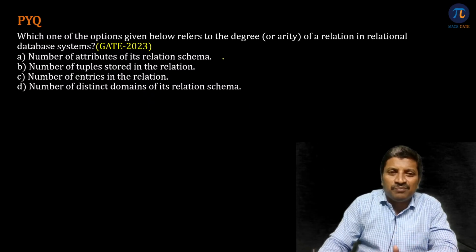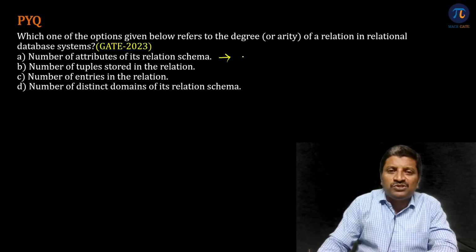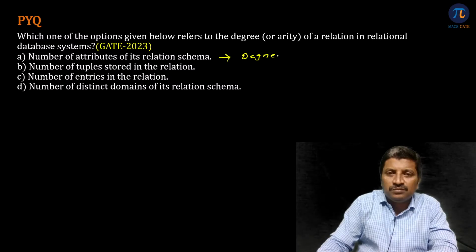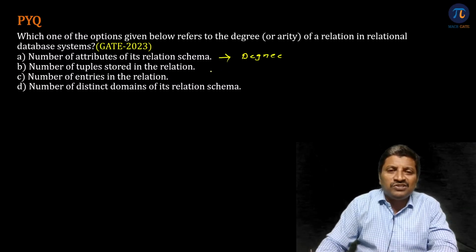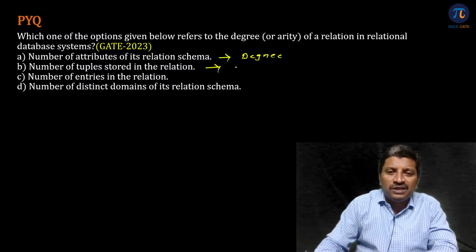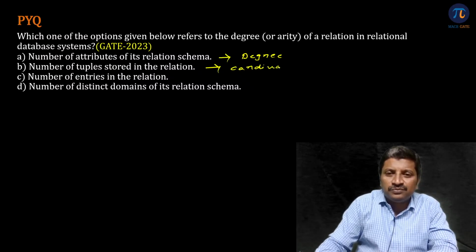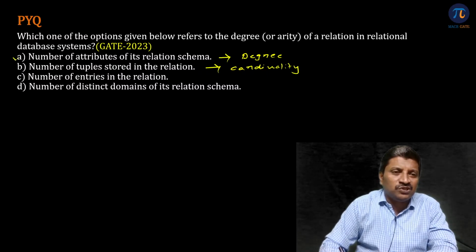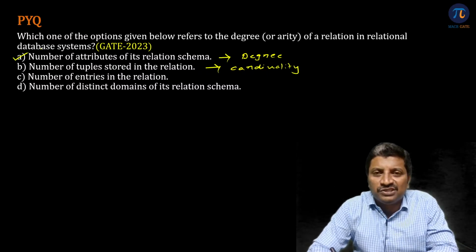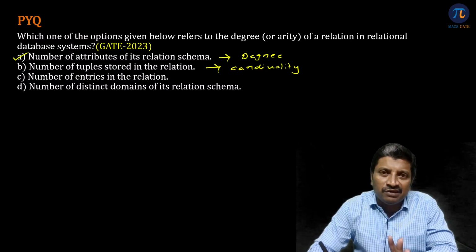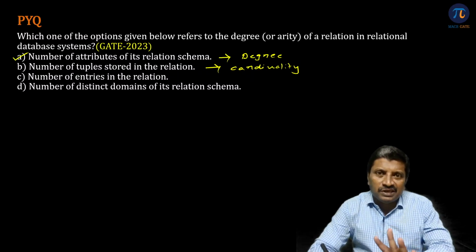What is the answer, sir? The number of attributes of the relation is called degree. What is the number of tuples called? The number of tuples is called cardinality. So the answer for this question is the number of attributes in the relation is called the degree of the relation. Is that clear?